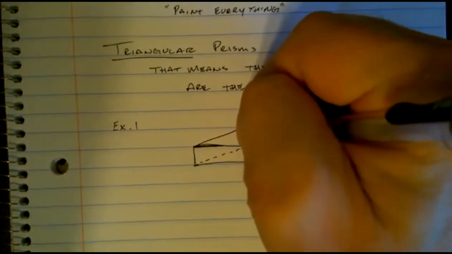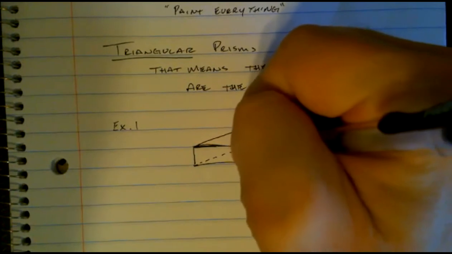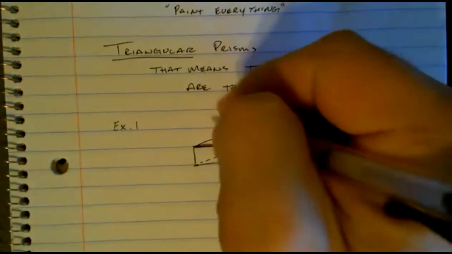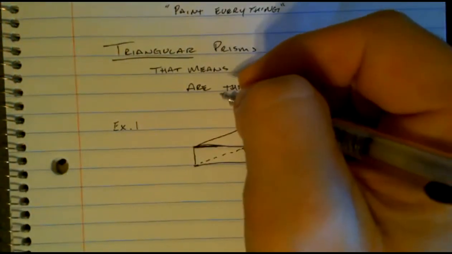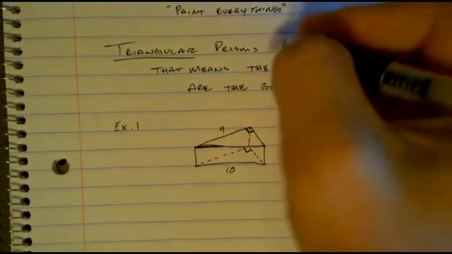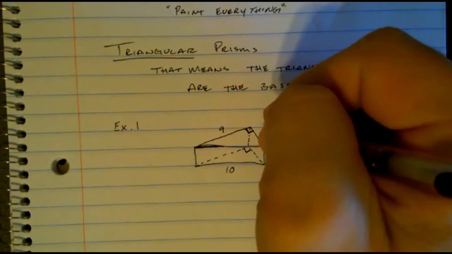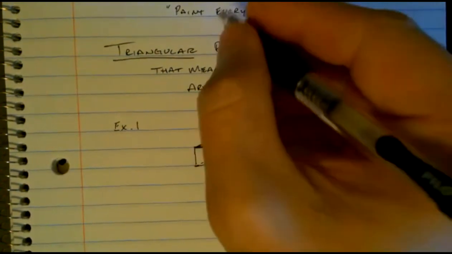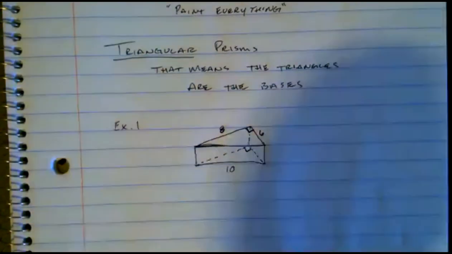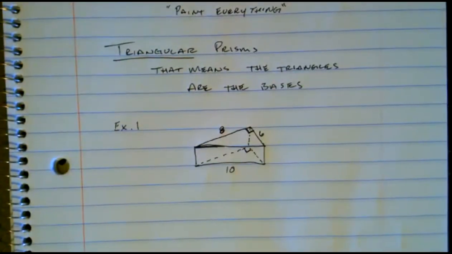Okay. And so we have to look at our triangles and we'll put a right angle there and a right angle there. And we have to decide how we have all of these. So let's see, it's 10 here, it's 9 here. Well, let's see, before that's got to be 8, and then we'll call that one 6. Okay, so 6, 8, 10.